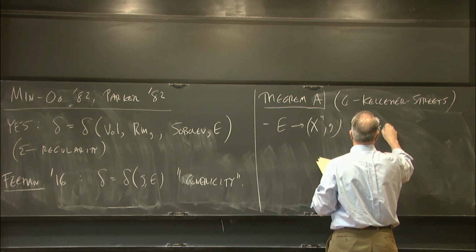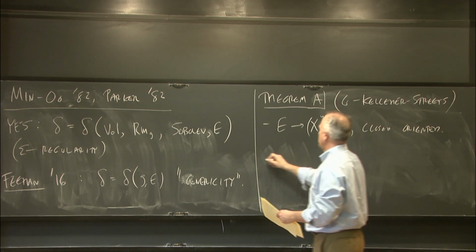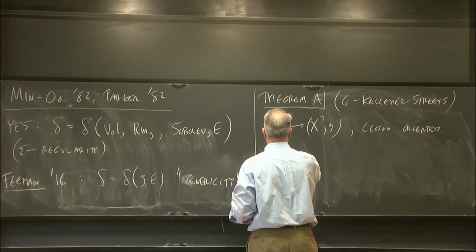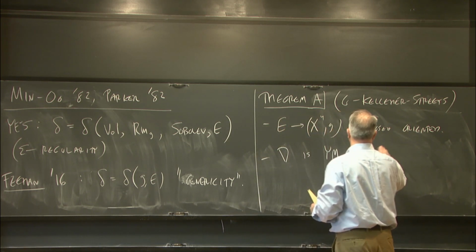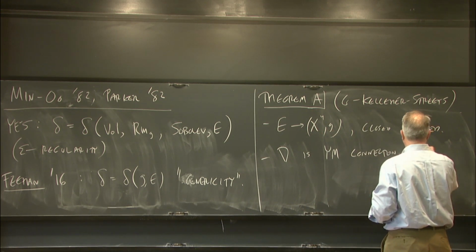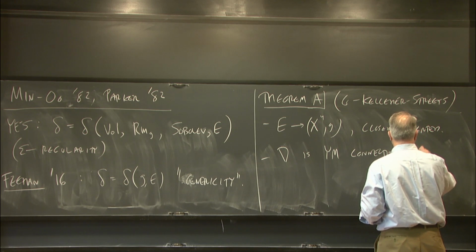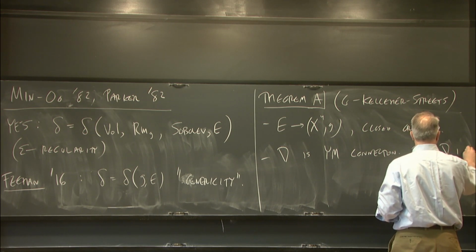So closed, oriented. Nabla is a Yang-Mills connection. Okay, so then the result is the following. I'll state it and I'll have to explain the notation. Then nabla is an instanton.